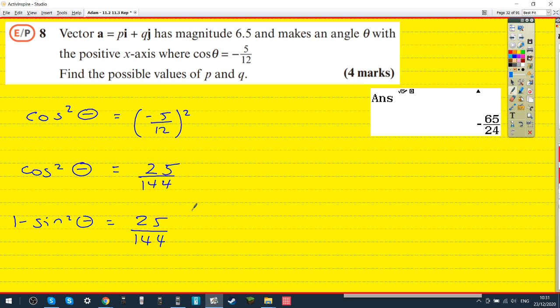Could you plus 1 on both sides? It's already plus 1. You could minus 1. Oh yeah, it'd be minus 1. So it'd be minus sine squared theta equals 25 over 144 minus 1.